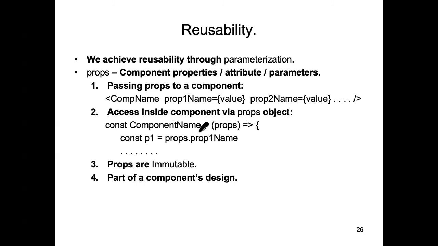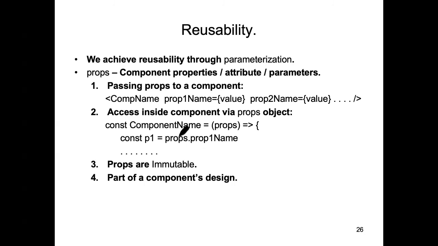So for this particular component, this props object is going to have a key with the name prop1 name. The value associated with that key is whatever this is. It's going to have another key called prop2 name and whatever value is associated with that. Inside the actual component function, it looks like I'm just dereferencing the key value pairs within my props object.